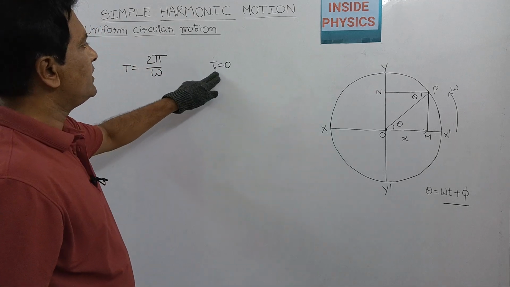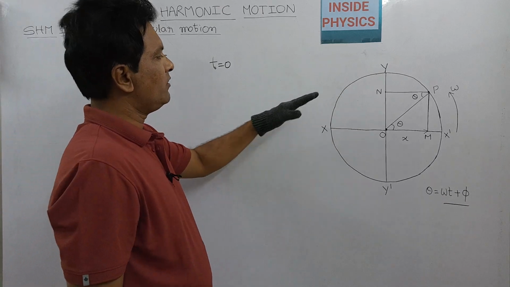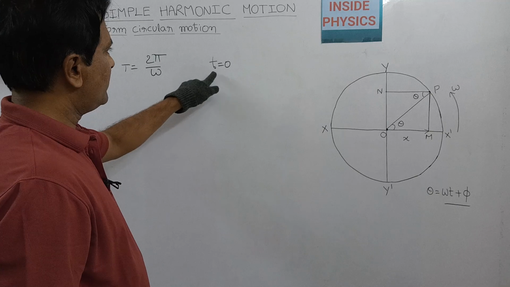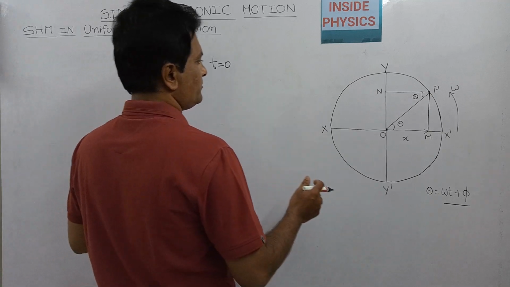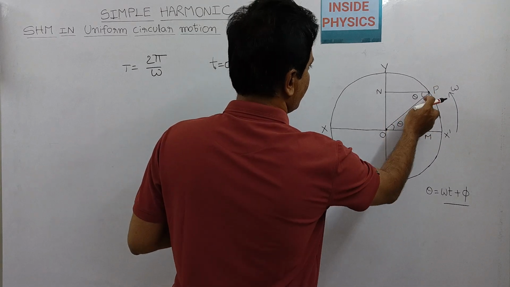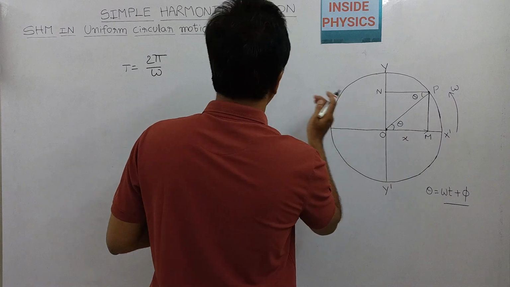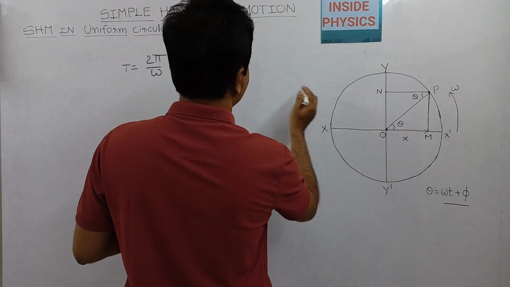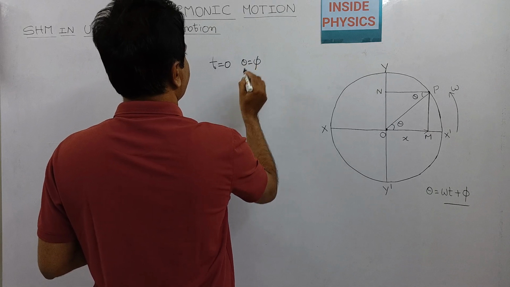Remember, at t equal to 0 we are considering the particle has just started or it is already in motion, whatever it may be. We consider the initial time t as 0. At that junction, the position vector of P is making an angle phi with the horizontal. So here the angular displacement is phi, theta is equal to phi.